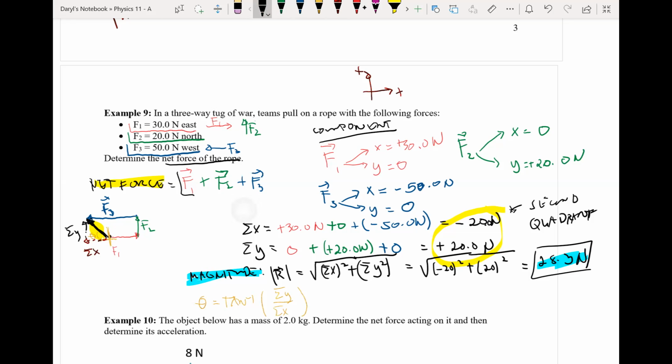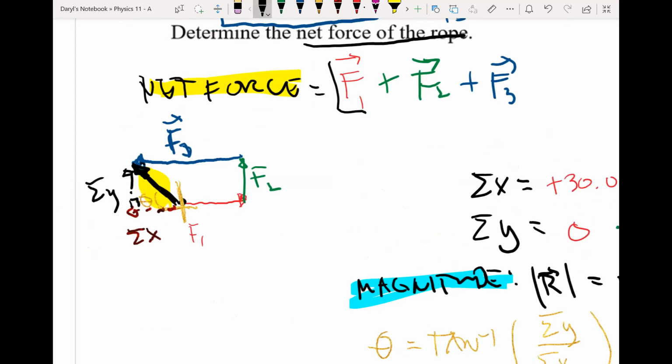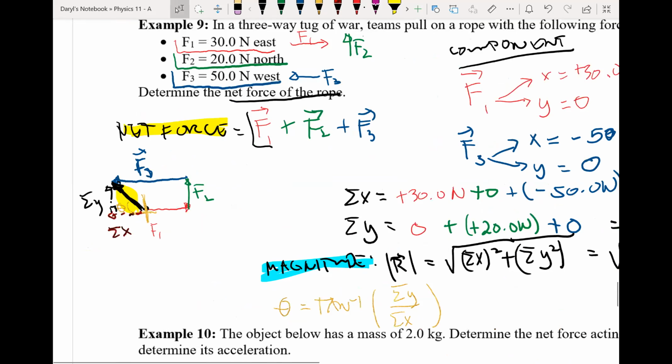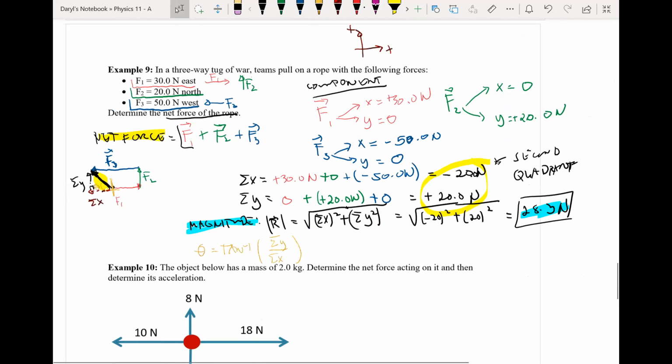So if you have this triangle here, opposite is summation of all the y's, and the adjacent is the summation of all the x's. So solve for that, that would be tangent inverse of summation of y, 20 over 20. So that should give you an answer of 45.0 degrees.